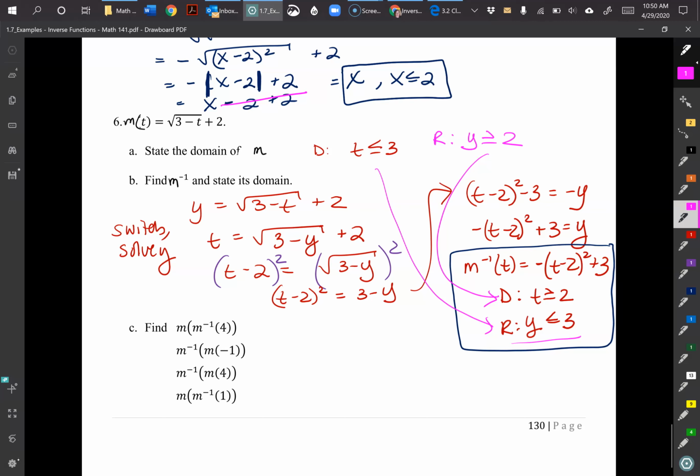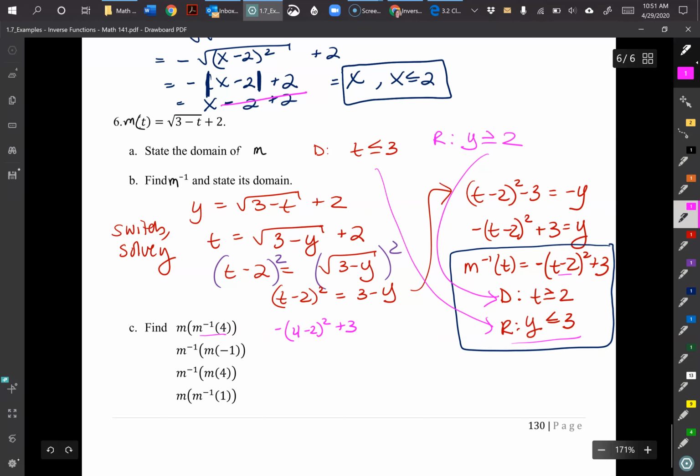So for part C, we're doing a lot of different compositions. We're looking at m inverse of 4 as the inner function. If we figured out m inverse of 4, we would put 4 into our inverse, and we would have negative 4 minus 2 squared plus 3.